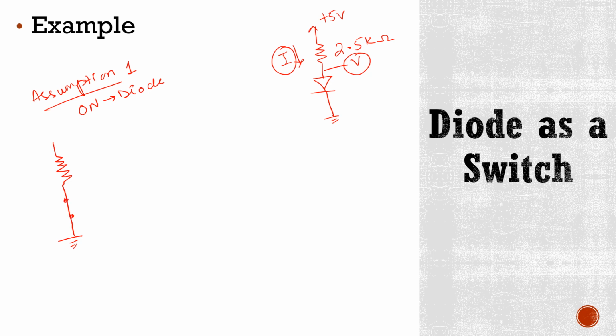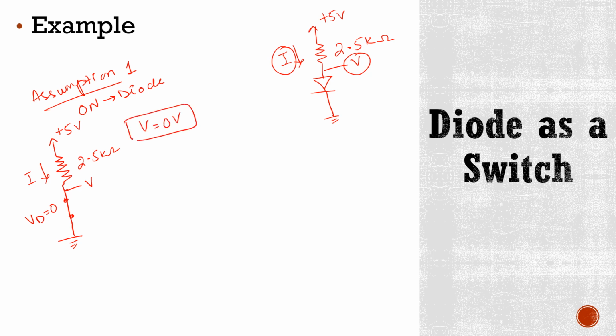It means the circuit will look like this for this assumption. Here this is the direction of current and this is unknown voltage V. We know that in case of conducting diode, the diode voltage is 0. It means here this unknown voltage V is 0 volts.